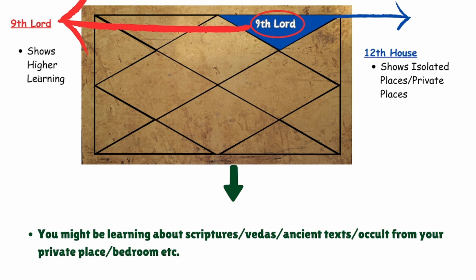Okay, so there is a possibility with this placement, and if you're spiritual, then you might be interested to learn about the scriptures, Vedas, ancient texts, occult, astrology. Okay, any of these areas from your isolated, secluded place where not many people have entry. It can be your bedroom or any private place that you have created for yourself.